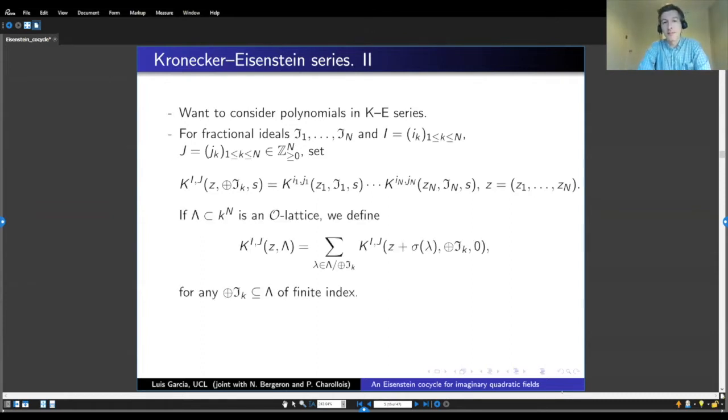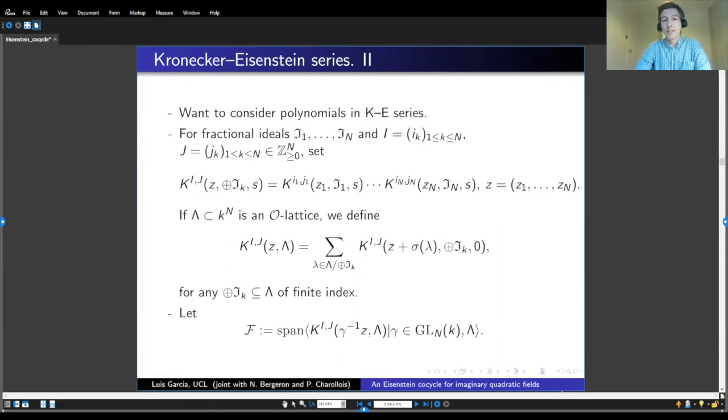And more generally, you can define a similar quantity for a lattice. You pick an O-lattice in K^n, and then you can find some direct sum of n fractional ideals that has finite index in this lattice, and you make that definition. And again, we're interested in the values at s equals 0.